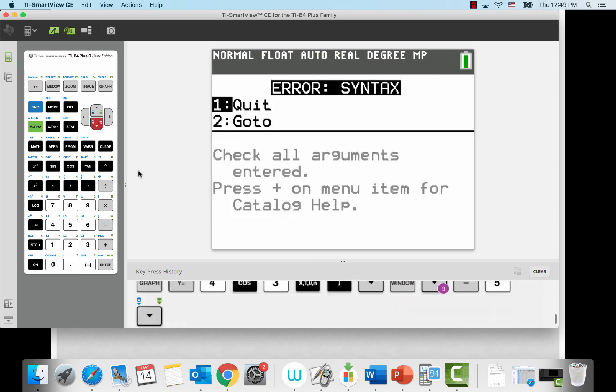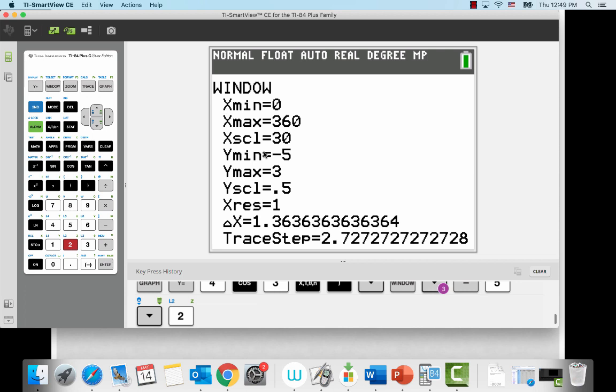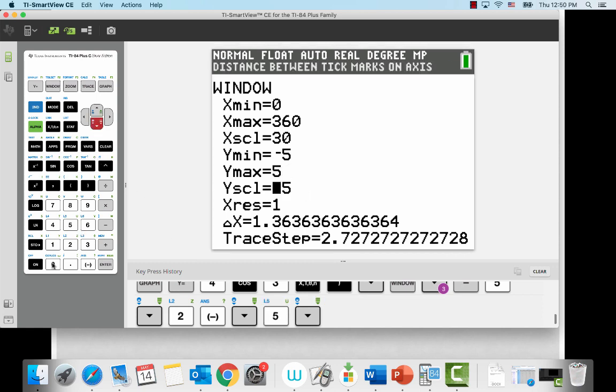So let's go negative 5. Negative 5. And let's go to 5. And let's count by ones. 0 to 360 by 30 degrees, negative 5 to positive 5 by 1s.